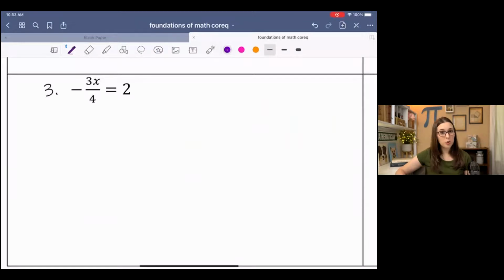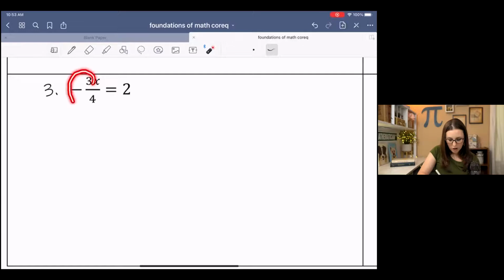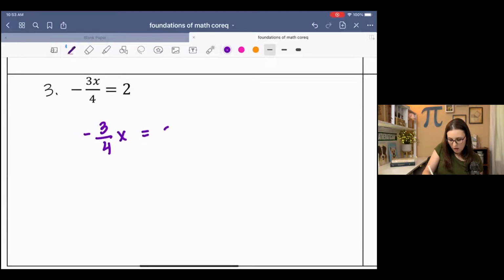And number 3, there's 2 ways you can approach this problem, but I do want to use the idea of reciprocals. So in front of x, we have this fraction coefficient, this rational number coefficient, and I'm wanting to undo that. Now, this is -3/4 times x. So in order to undo it, I'm going to need to multiply by its inverse, which would be its reciprocal. I'm going to write it out this way because in my mind, that's a little bit easier to see.